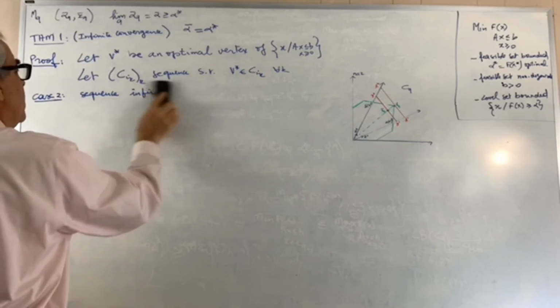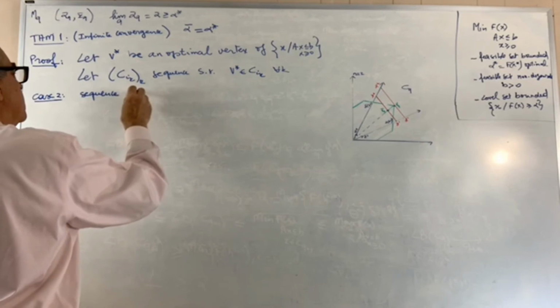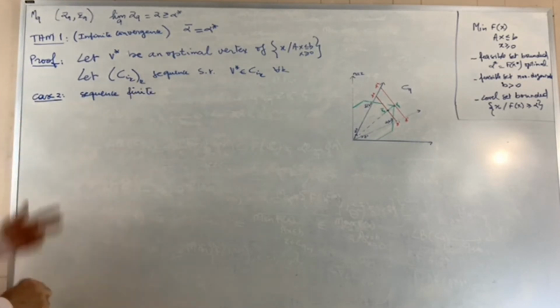The sequence is finite. And there are 2 ways it could be finite.